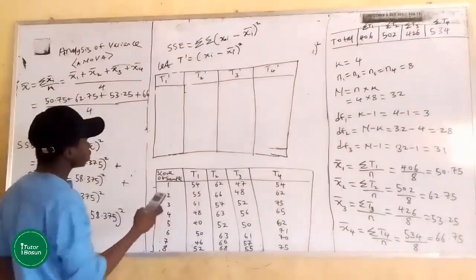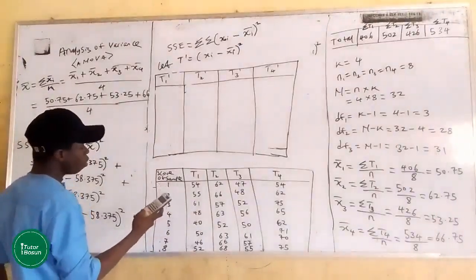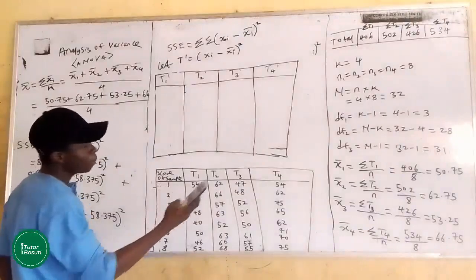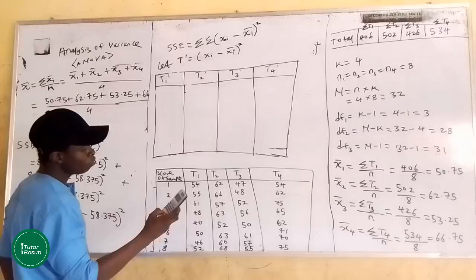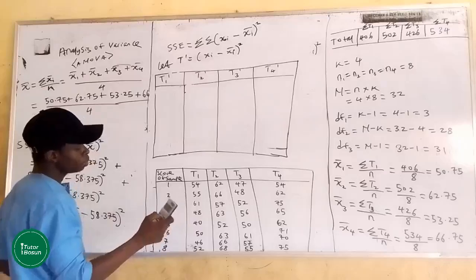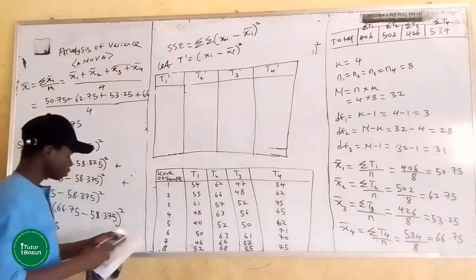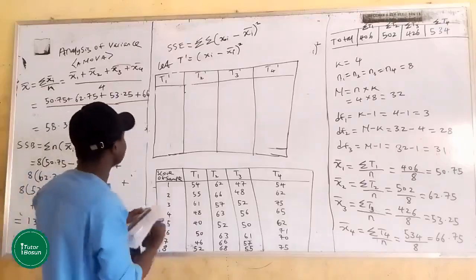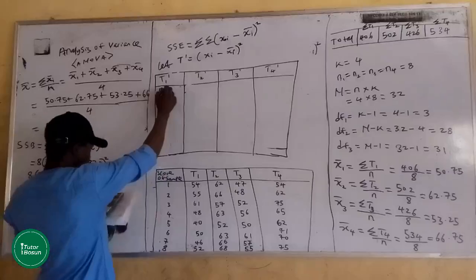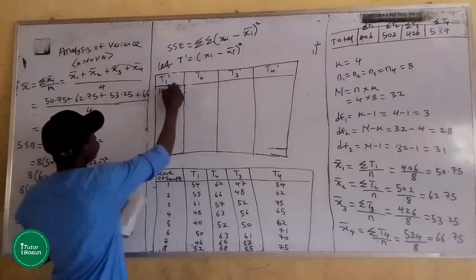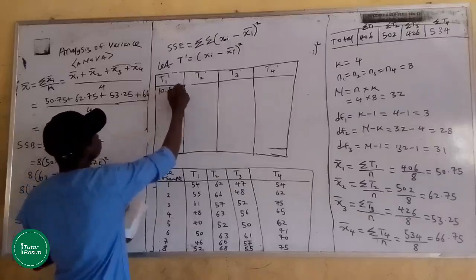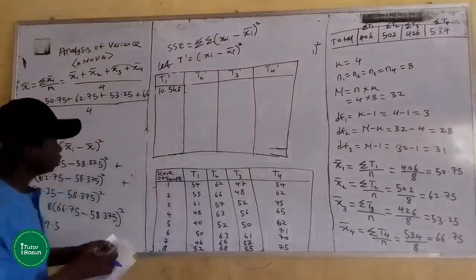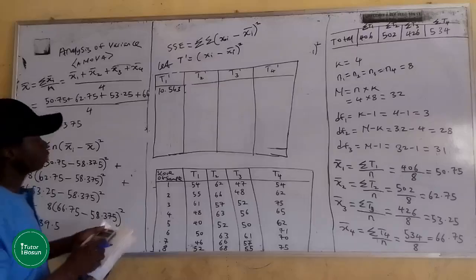So that will definitely be 54. The first one, 54 minus 50.75 squared, and that's 10.563. I have 10.563 for the first one.